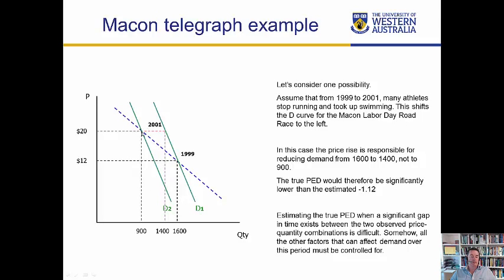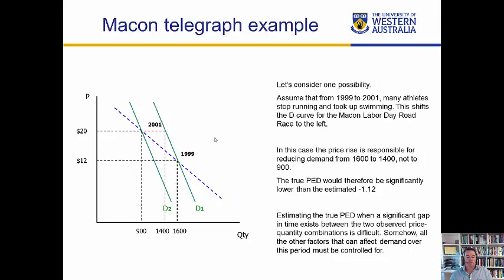So the point 2001 at a price of 20, quantity of 900, is actually on a separate demand curve D2. So in this example, there are 2 reasons why the number of competitors in this race has fallen from 1,600 down to 900. The first reason is the price has been increased from $12 to $20. The second reason is the really bad weather on the day of the race.